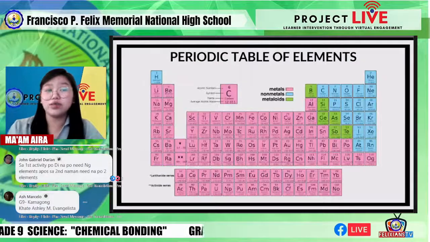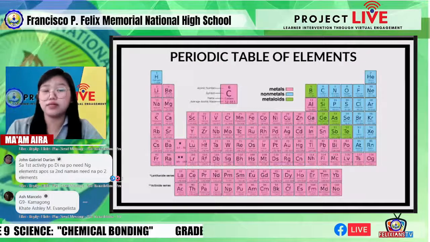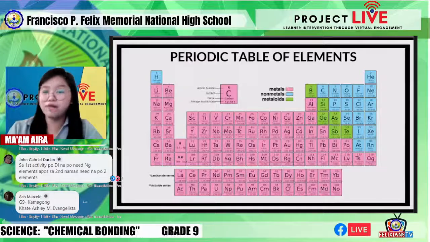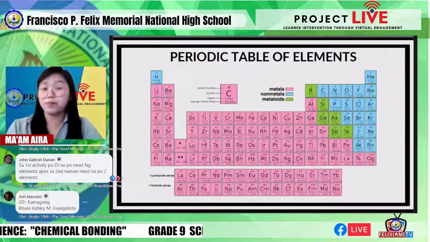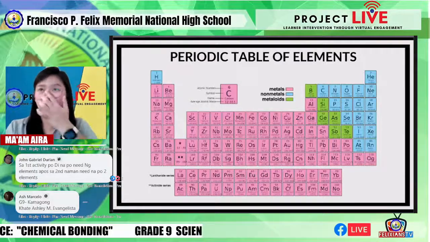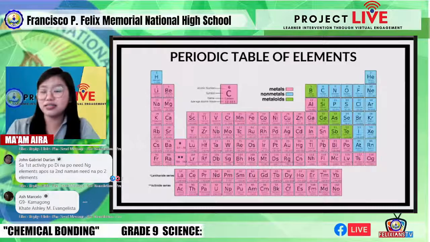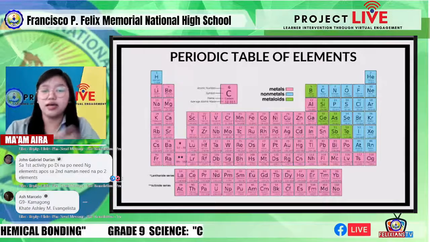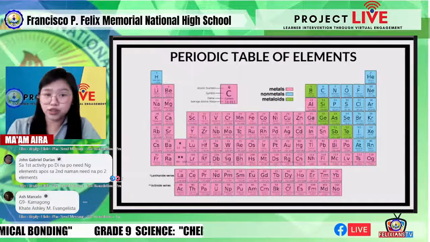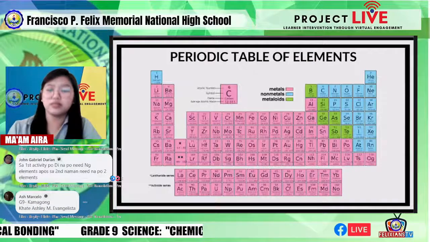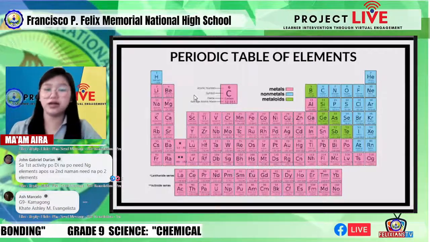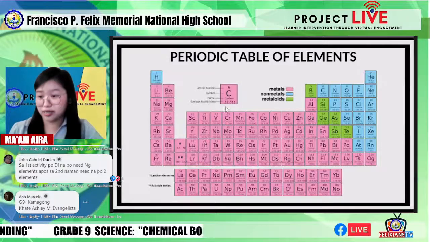Before we proceed with the discussion of these two processes, you have to be familiarized with the periodic table of elements, asan ang mga metals, non-metals, and the metalloids. In this example, or in this picture of the periodic table of elements, most of the elements ay color pink, right?